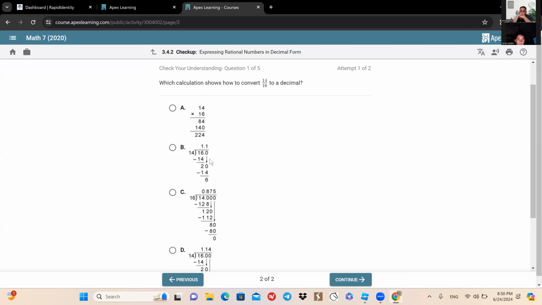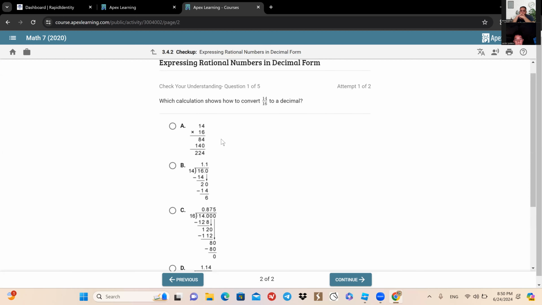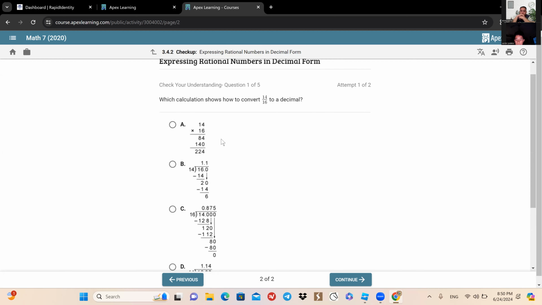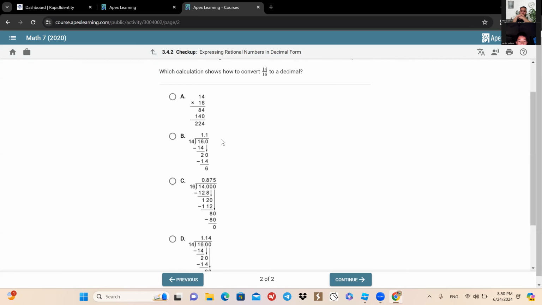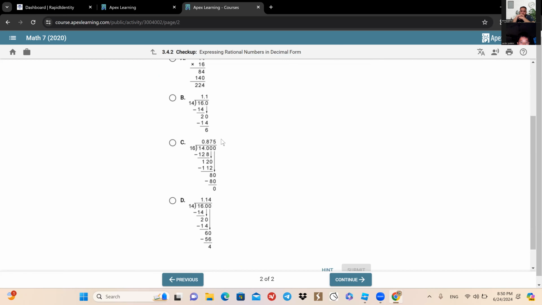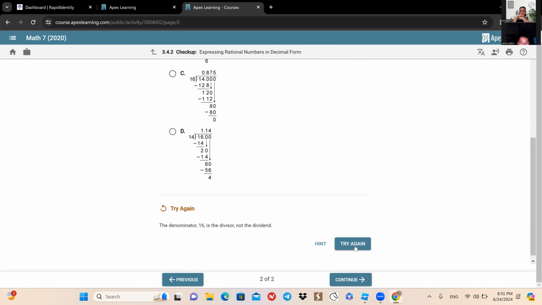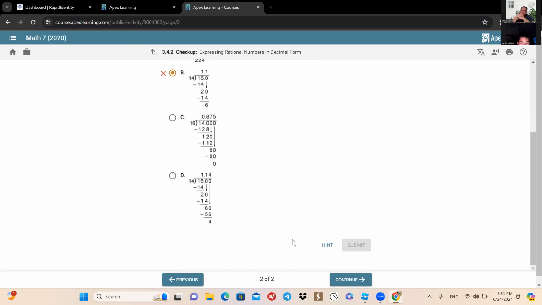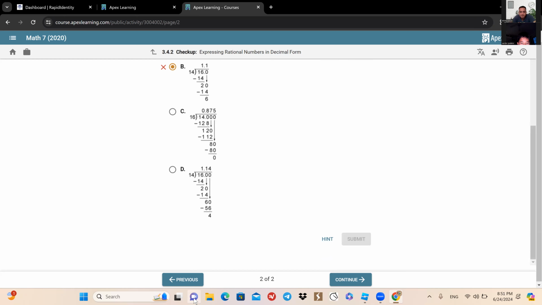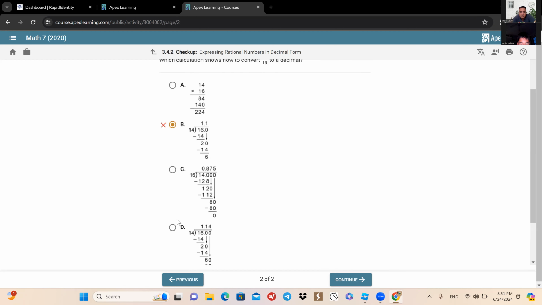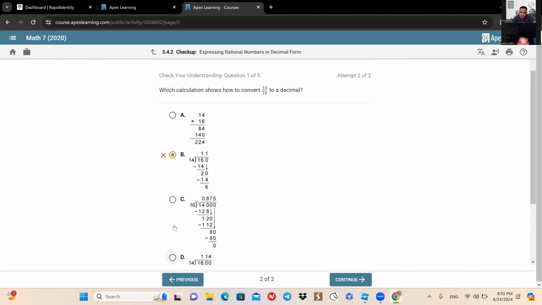Which calculation shows how to convert 14 over 16 to a decimal? This one. No, wait. We are dividing 14 by 16, right? You see 14 divided by 16.